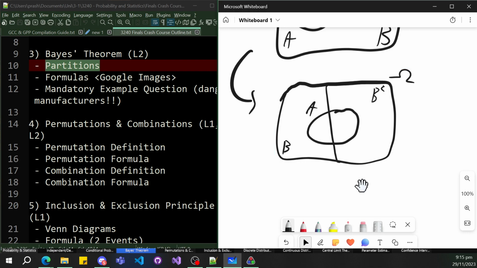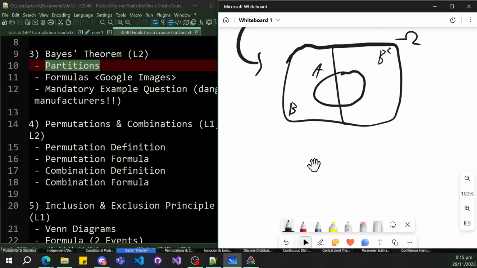This will give you a formula. Let's say you wanted to find the probability of A, but you only know A happening with B and A happening with not B. That's still okay, because for the probability of A we've got 2 halves.